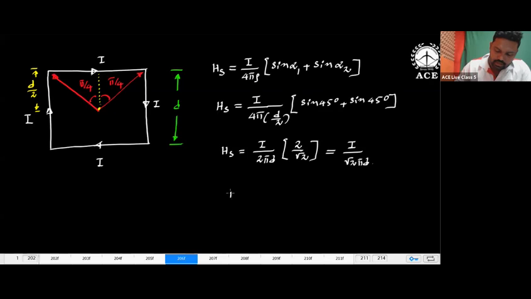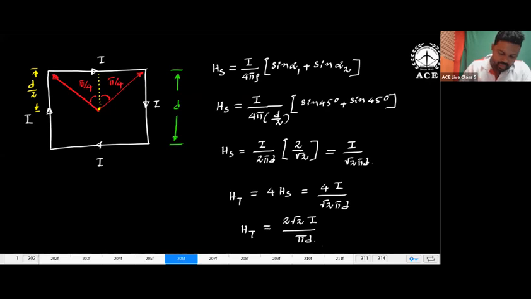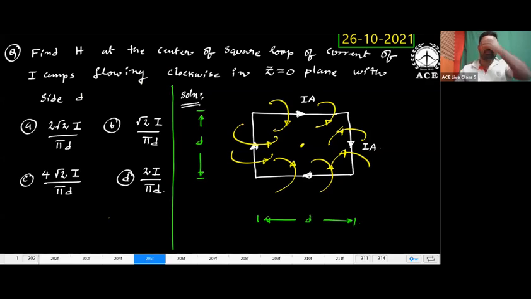Then what is the total H? 4 into Hs, which is 4 into I by root 2 pi D. So H total is equal to 2 root 2 I by pi D. That is the thing.